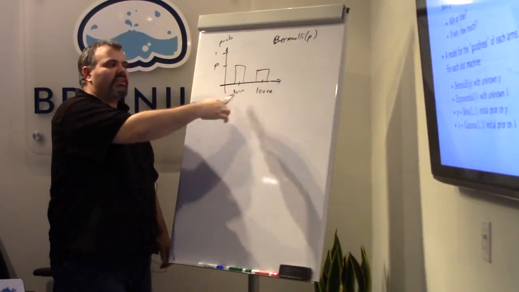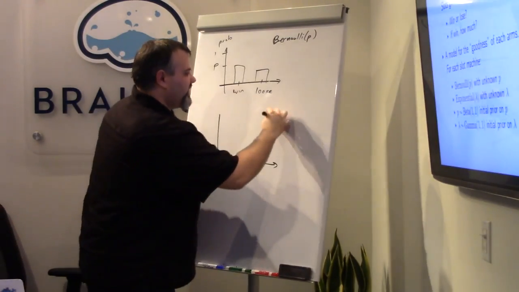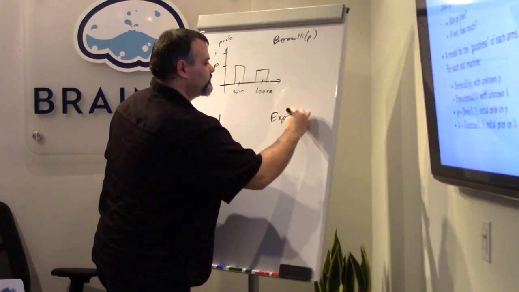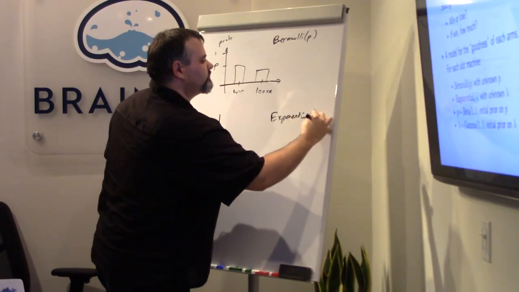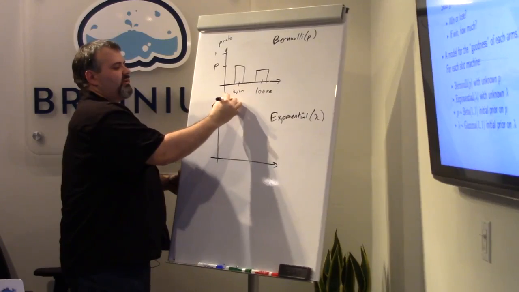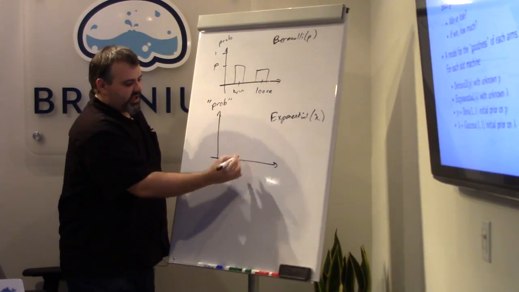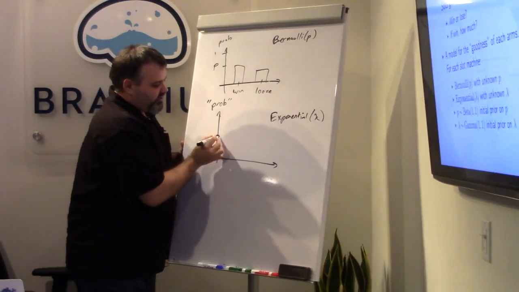This is the density function of a Bernoulli P distribution. And an exponential, you have something kind of sort of like the probability of landing on any individual point, and you have a curve right here.